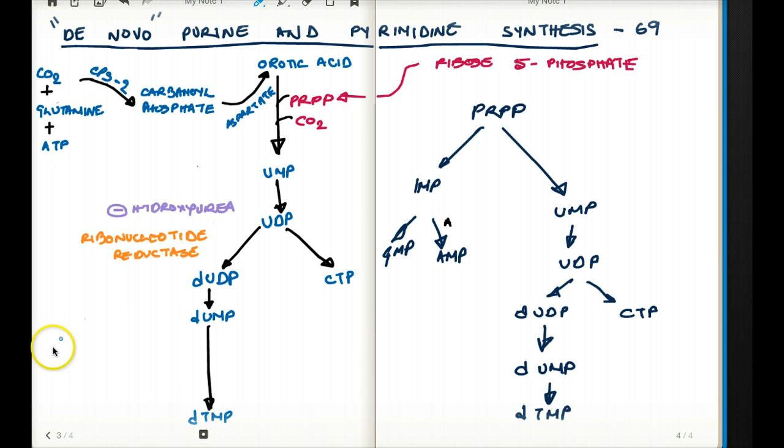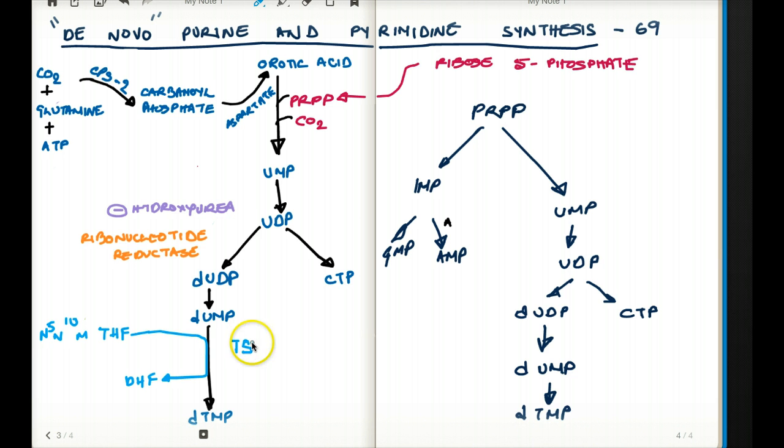We have something called N5, N10 methylene tetrahydrofolate. We're using this in this step, and this tetrahydrofolate is being converted to dihydrofolate, okay? And we're using the folate to make DTMP from DUMP. And this step is stimulated by the enzyme thymidylate synthase.